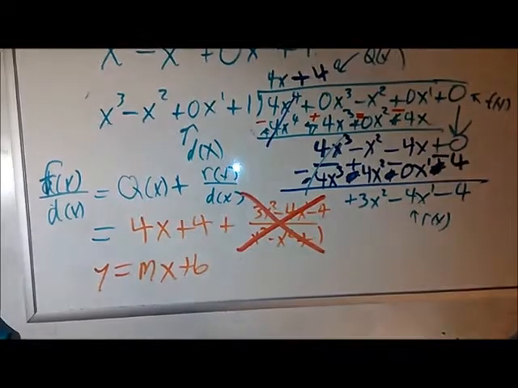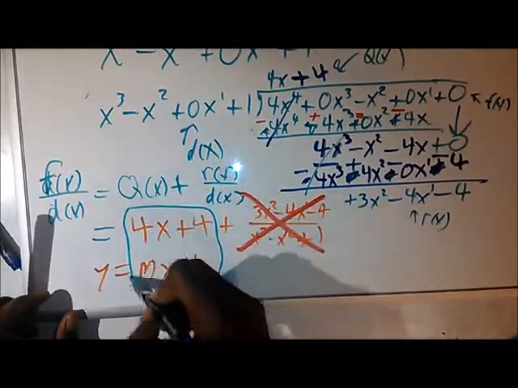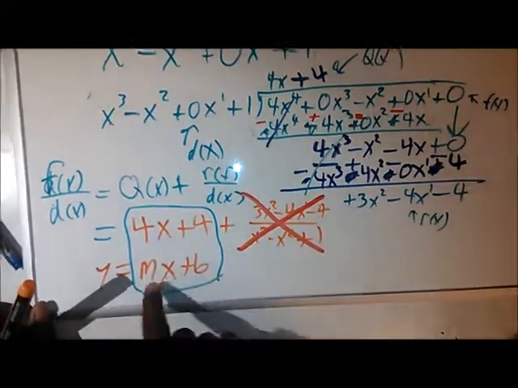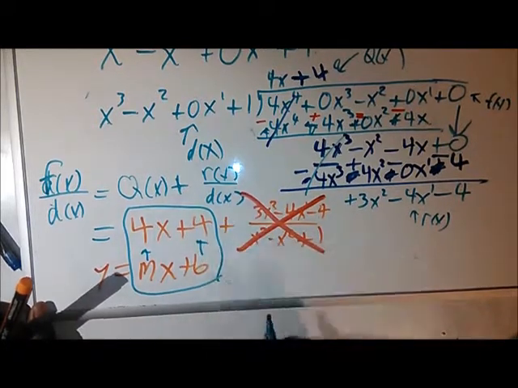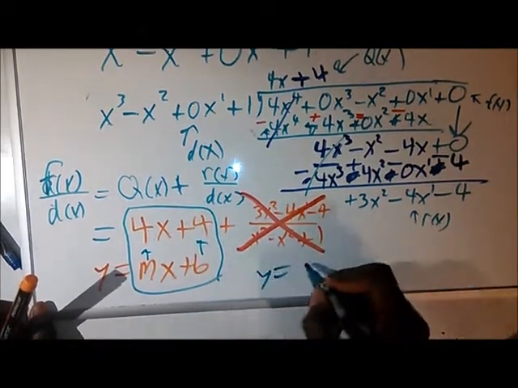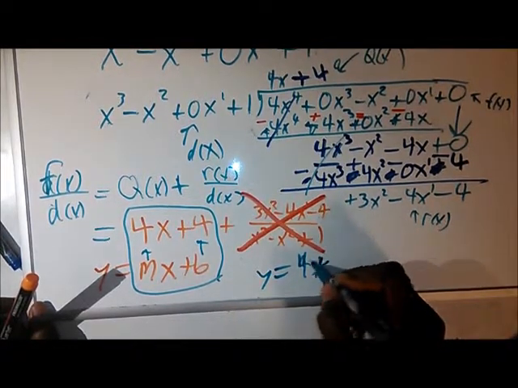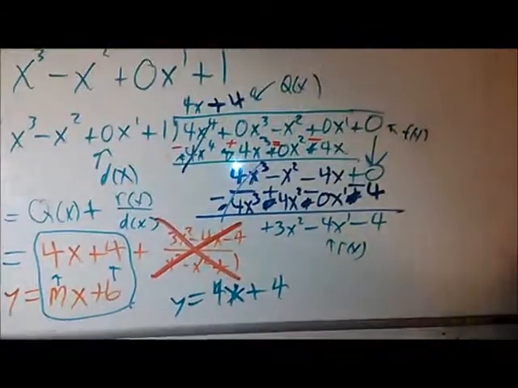And look what we have here. If we ignore our remainder, y equals mx plus b, so it will be y equals 4x plus 4. And guess what? We can graph that.